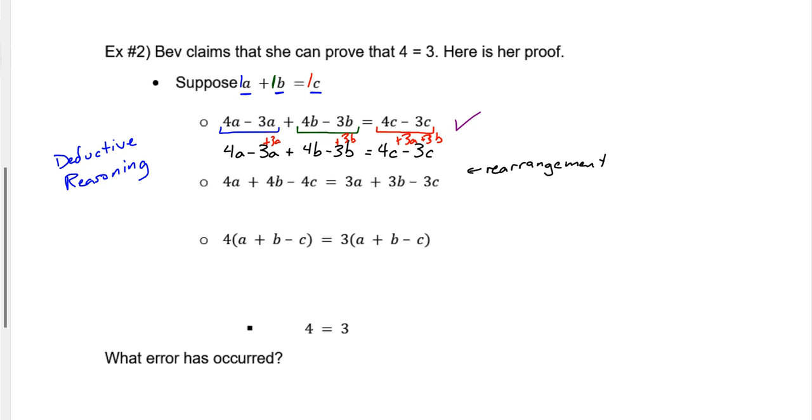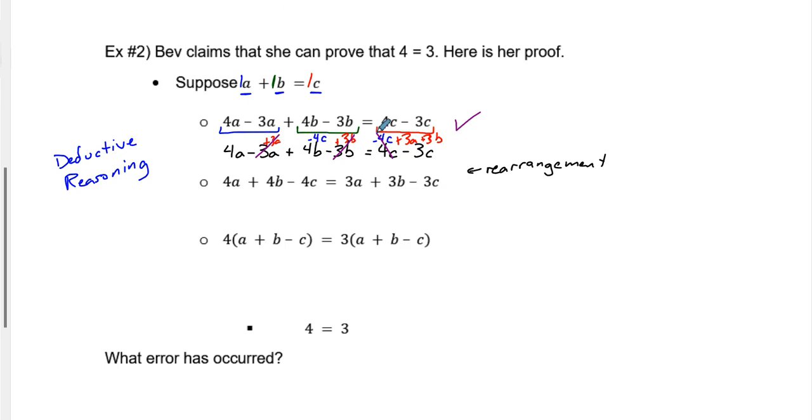In the same breath, actually, I'm going to change to blue. We have our 4s, our 4a, our 4b. We want to move our 4c over. So this is a positive 4c, we'd have to subtract a 4c. And from there, what we see is that our 3a's would be gone, our 3b's would be gone, our 4c's would be gone. So on the left-hand side, we'd only have a 4a plus 4b subtract 4c. On the right-hand side, we have a 3a plus a 3b subtract a 3c. So far, this would still be correct.